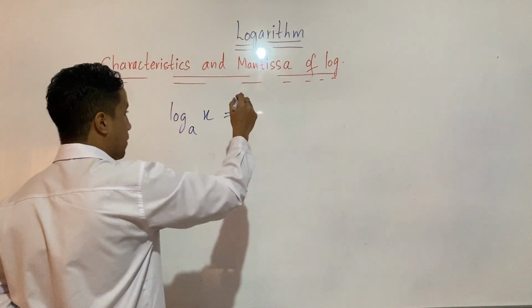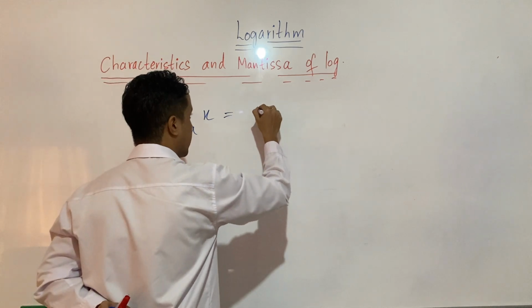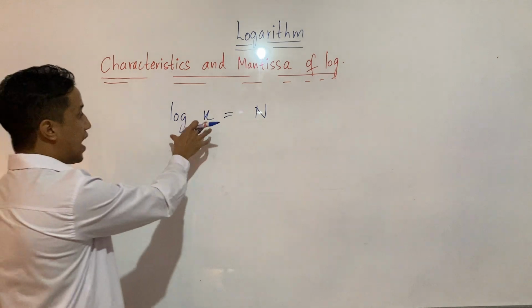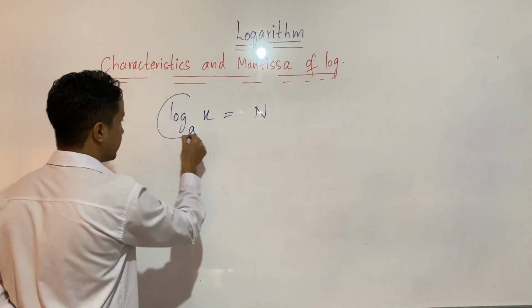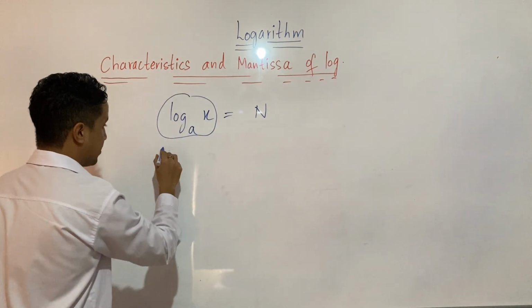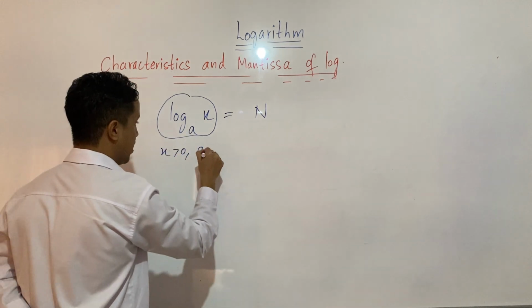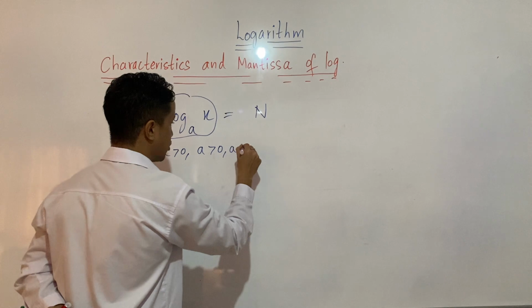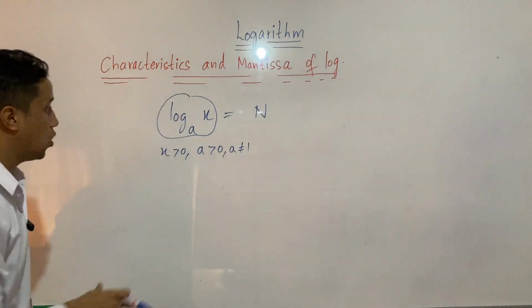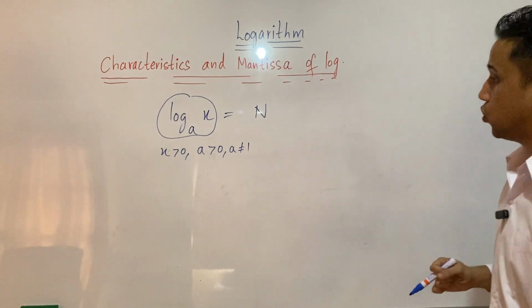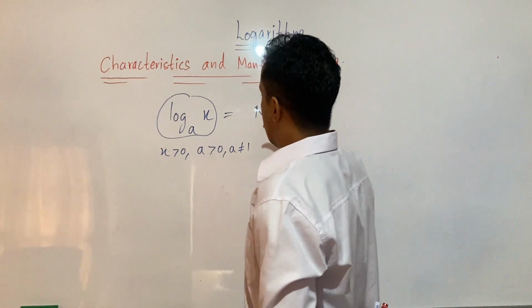Let's say that my answer here is n, right? Because what's the condition here? It is that x must be greater than 0, a must be greater than 0, and a should not be equal to 1.